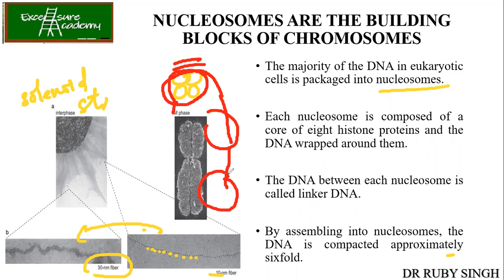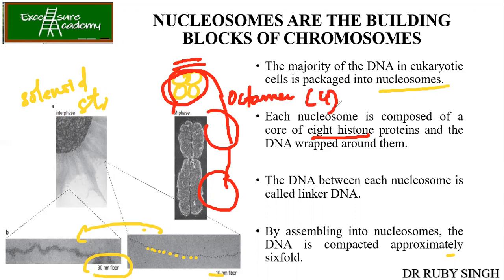Nucleosomes are nothing but basic proteins. Don't worry, we'll discuss these proteins in detail. The DNA wraps to this, and finally the DNA is getting compacted. Each nucleosome is composed of a core of 8 histone proteins, and the DNA is wrapped around them. We are talking about 8 histone proteins, and that's why I said it's an octamer.